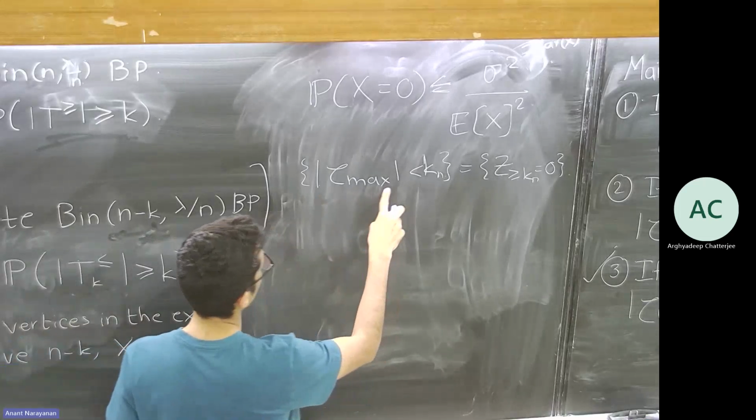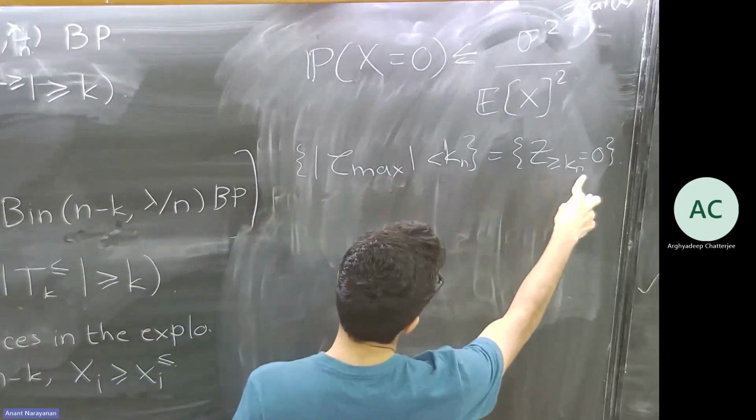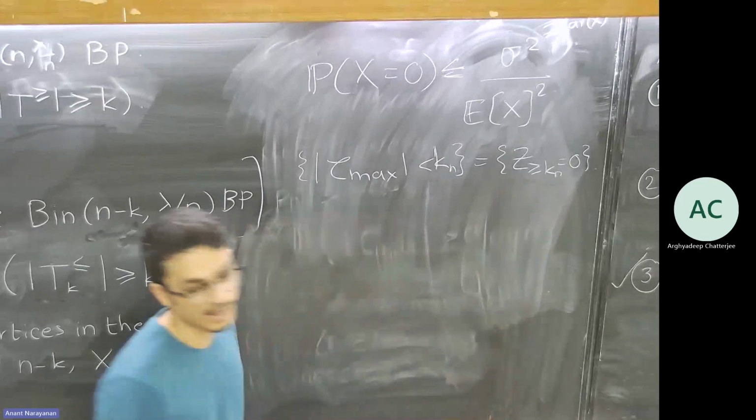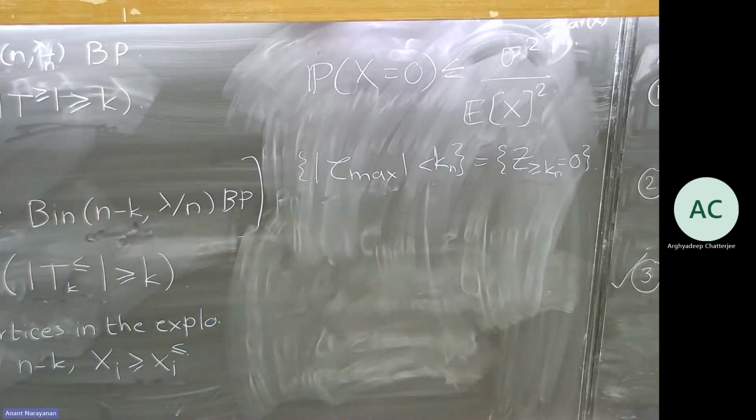So if the size of C max is less than k, then there will be no vertex satisfying this relation.